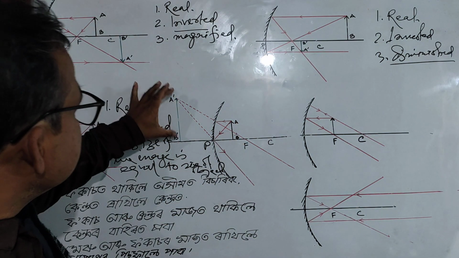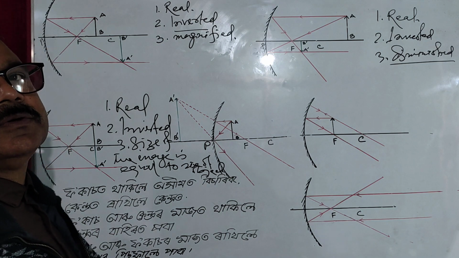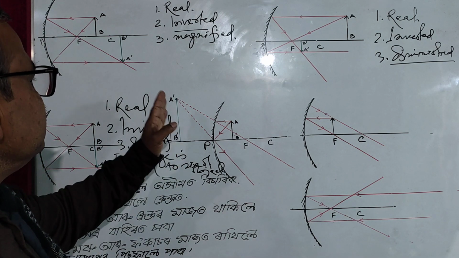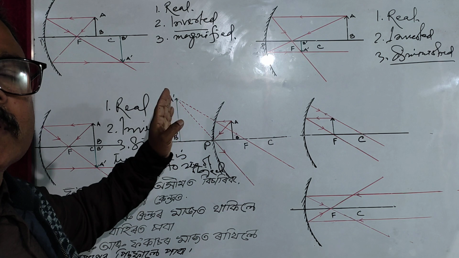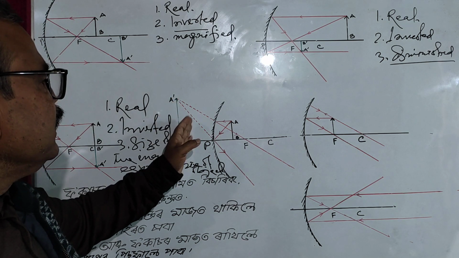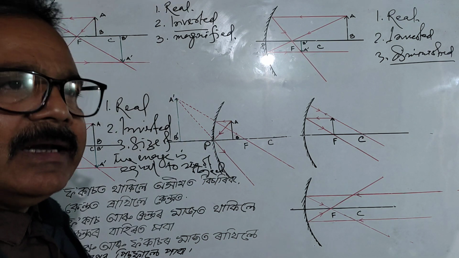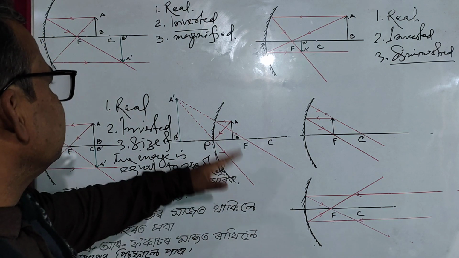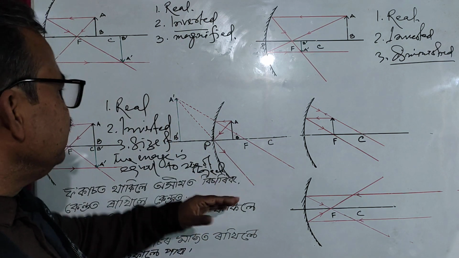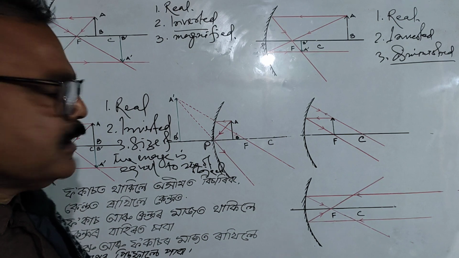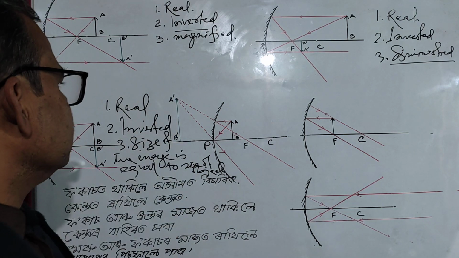This is a virtual image because it is formed due to the apparent meeting of the reflected rays. Actually the reflected rays never meet, they simply appear to meet. That is why this image is virtual.